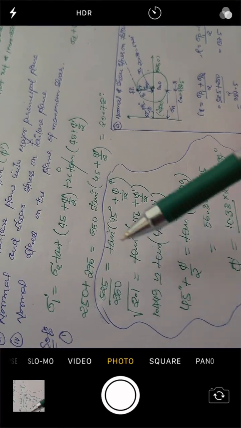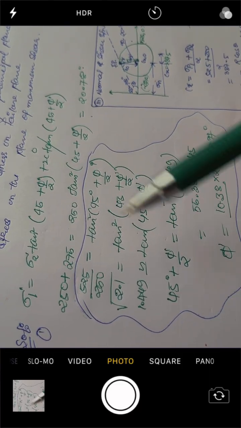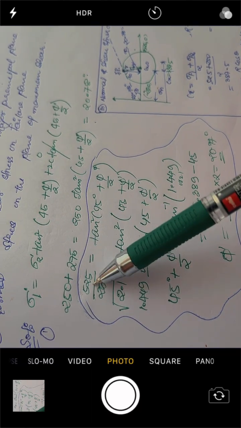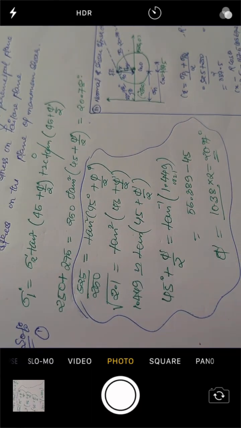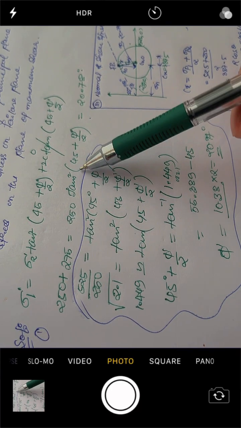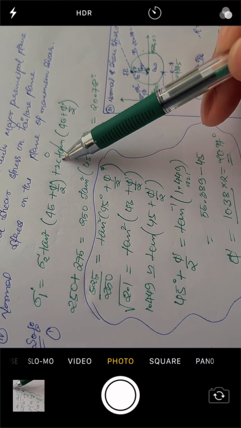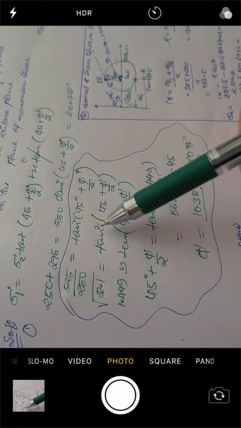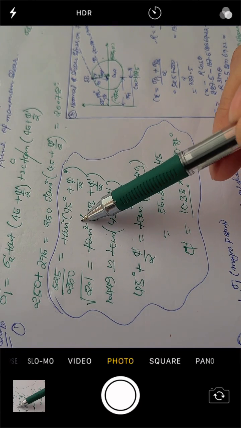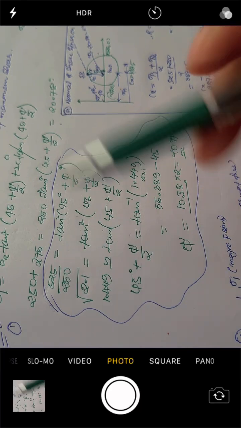So we'll go with this method, or if you're good at maths you can solve it in just one or two steps. First, we bring this to the denominator, and we are left with tan square (45 plus phi by 2). The c term got cancelled out because it's phi soil, so c equals 0. Then, in order to cancel out this square, we will take the square root on both sides.